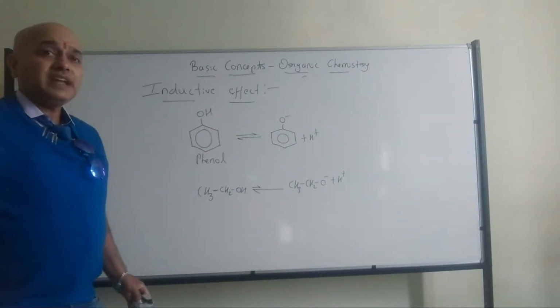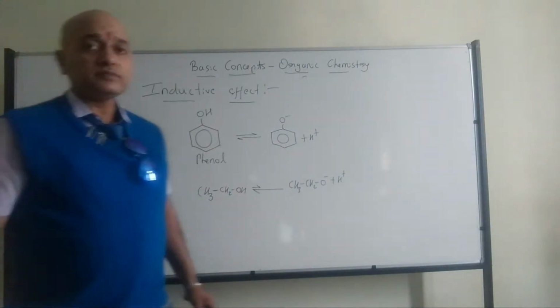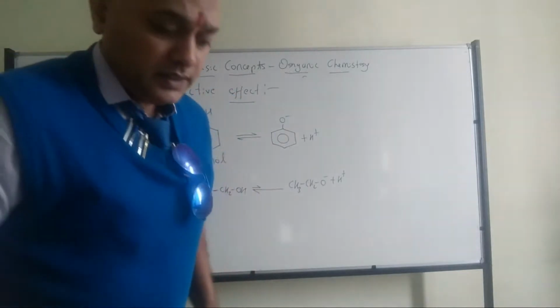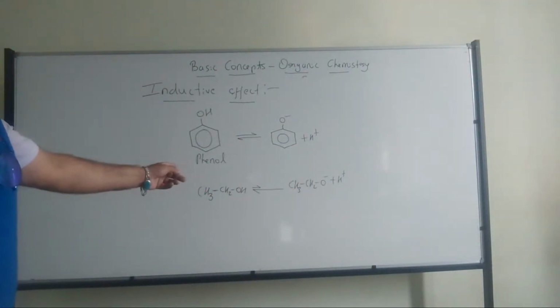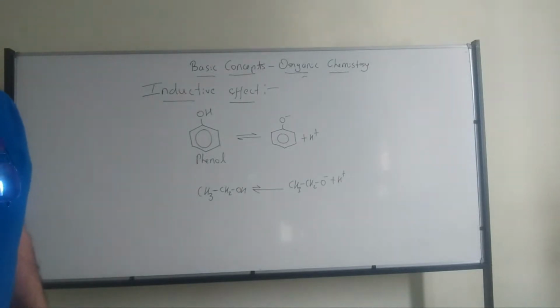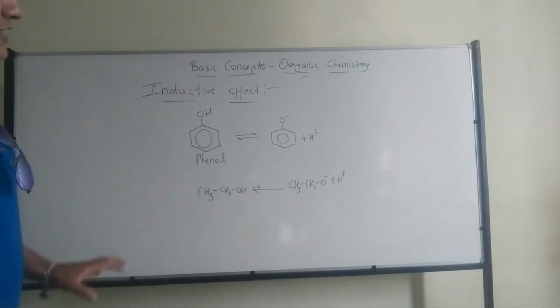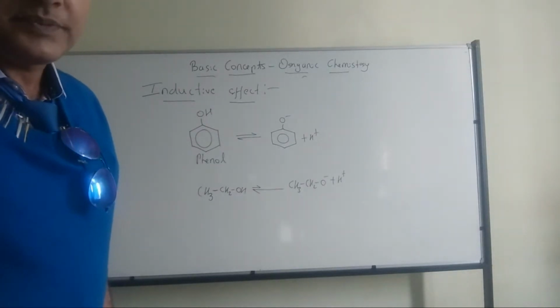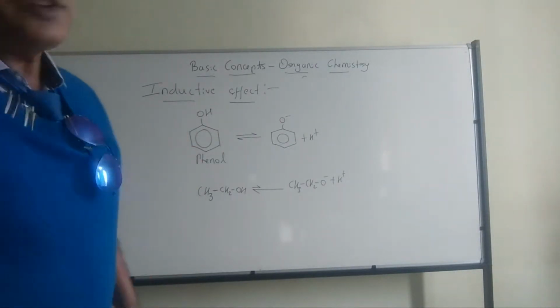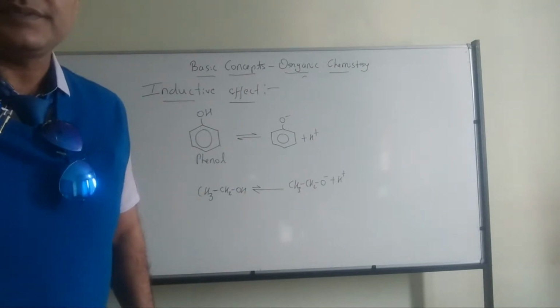In both the cases, due to the cleavage of the OH bond, H plus will be released and O minus will be formed. But among these two, phenol will be a strong acid.